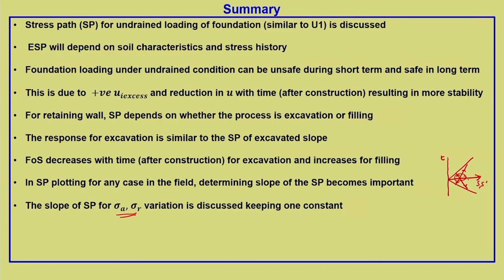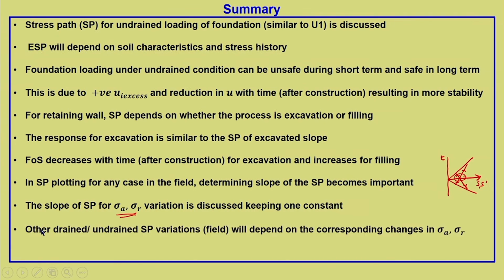This we have done for simplicity, but it can so happen that sigma A and sigma R change in a particular manner, and for that we will have a different slope of the stress path. This is relevant for both drained as well as undrained stress paths. For other drained and undrained stress path variations in the field, it will depend on the corresponding changes in sigma A and sigma R.